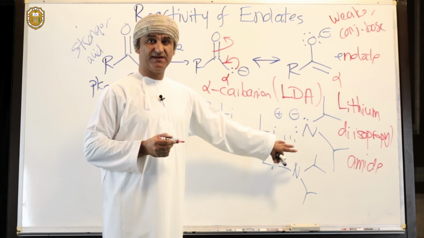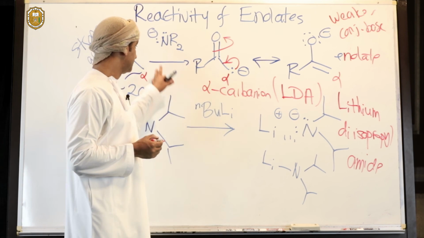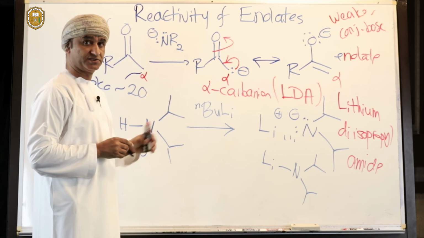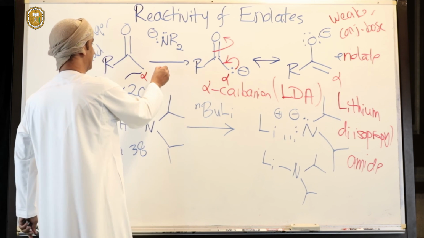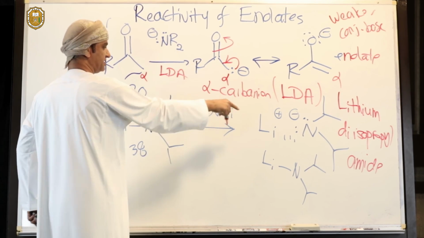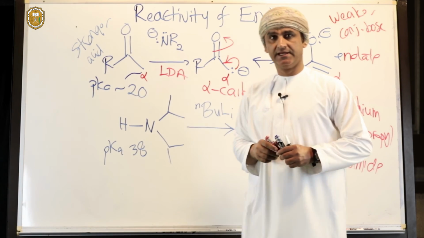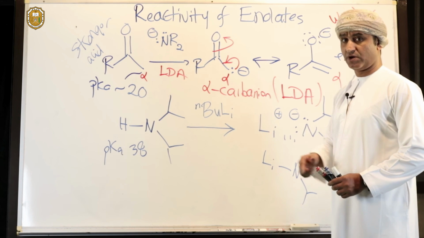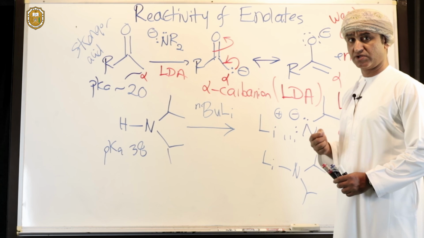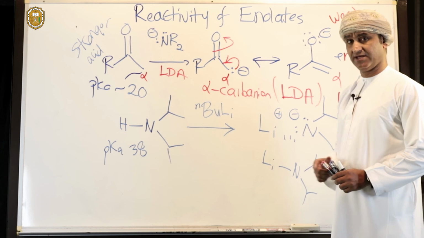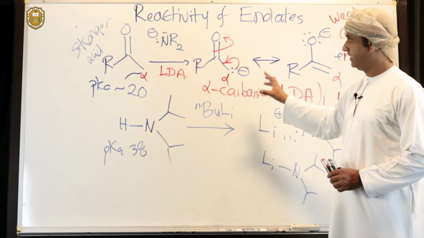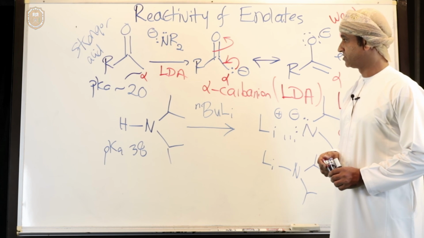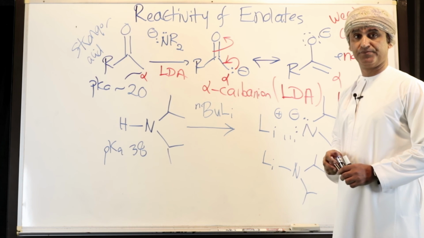So the typical base for the deprotonation of carbonyl compounds, such as ketones, is LDA. That's the structure of LDA. It's an amide base, formed if diisopropylamine is deprotonated with a strong organolithium such as n-butyllithium. LDA is a very commonly used base to deprotonate ketones at the alpha position to make the corresponding enolates.